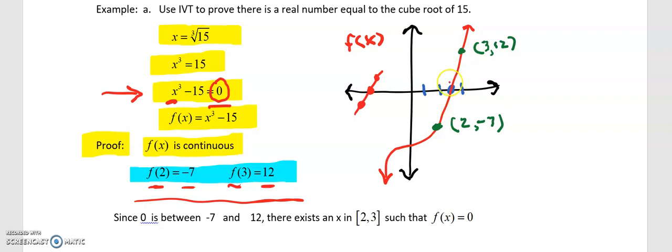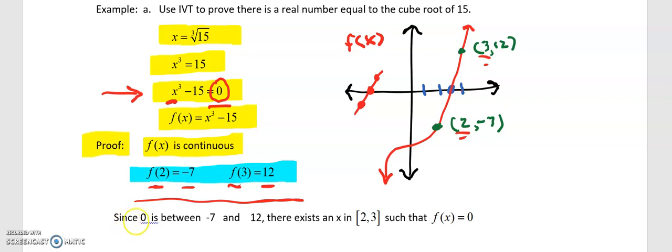If my y value here is 0, and it's between this negative 7 and this 12, then I know that this 0 has to exist between this 2 and that 3. It has to. This graph will have to cross the x-axis between that 2 and that 3. All right, and so that's what I said in this statement right here, which I'll highlight.